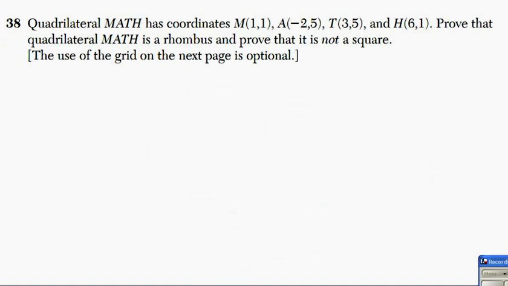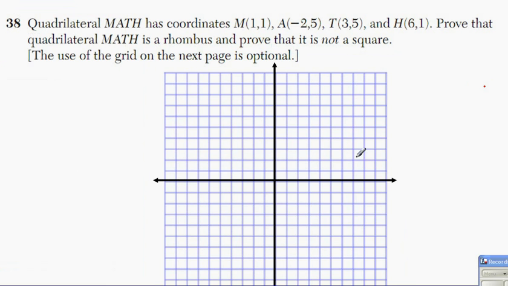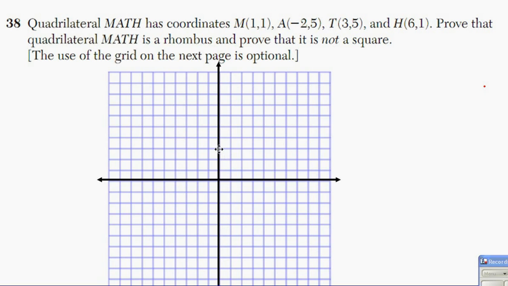Next. Prove that it's a rhombus and it's not a square. So in order for us to do that, we're going to get the graph and then we'll try to plot those points. Then it'll be so much easier to look at. All right, so we have 1, 1, and then negative 2, 5, and then 6, 1.